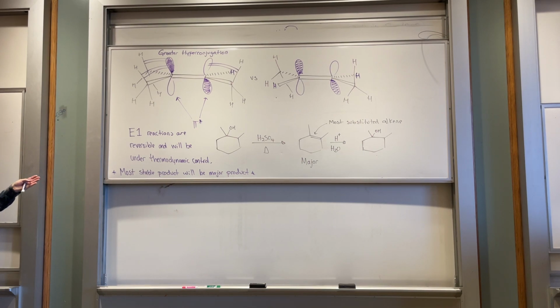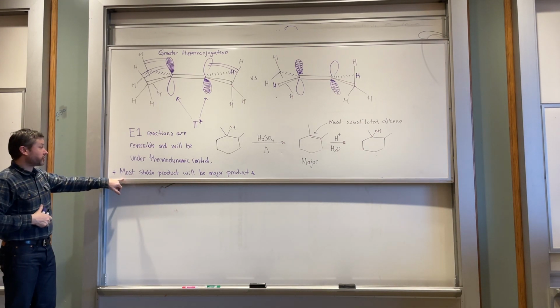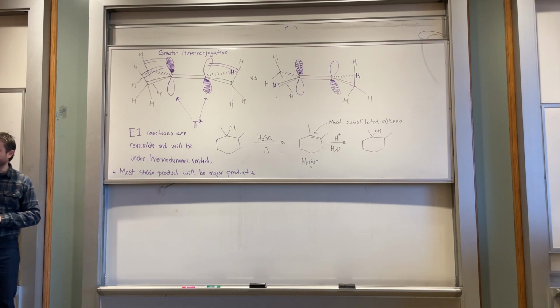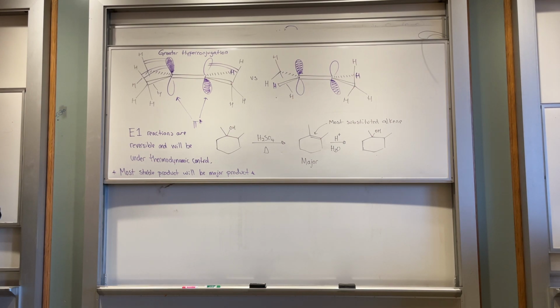So because these E1 dehydration reactions are reversible, they're going to be under thermodynamic control, which means we can make one of the less stable products, but it's going to go back to the starting material. There's going to be some equilibrium where it goes back to the starting material, and eventually the most stable product is going to win out. And that's how we get to the major product.